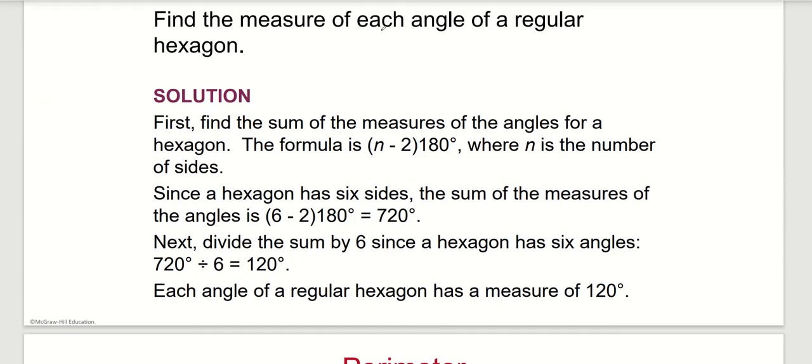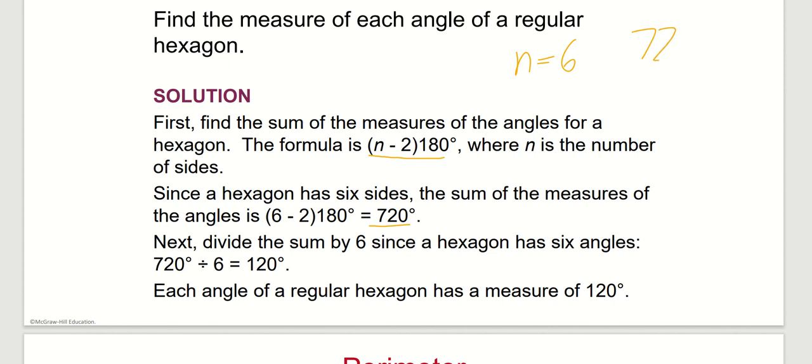So let's see if we can find the measure of each angle of a regular hexagon. The first thing we would need to do is find out, well, what is the total angles for the entire object? And that comes from our formula n minus 2 times 180. We did this earlier, and we saw that the total angles in a hexagon is 720. Hexagon meaning 6 sides.